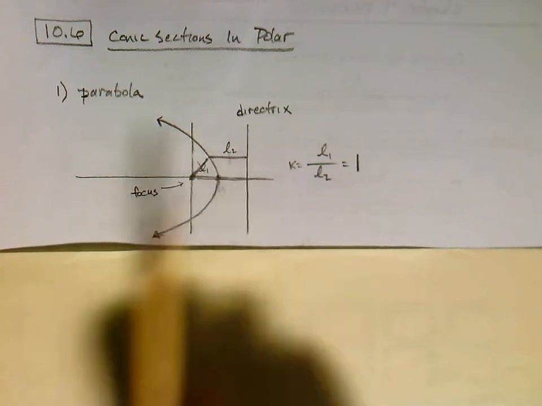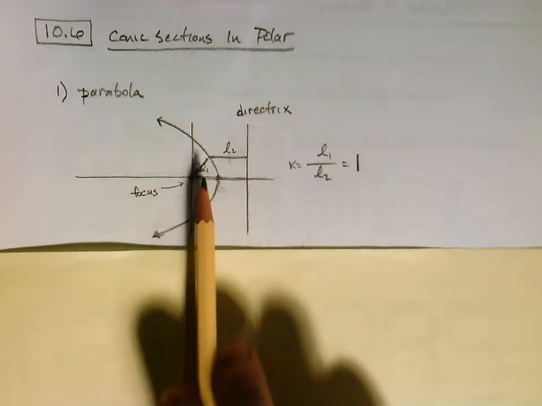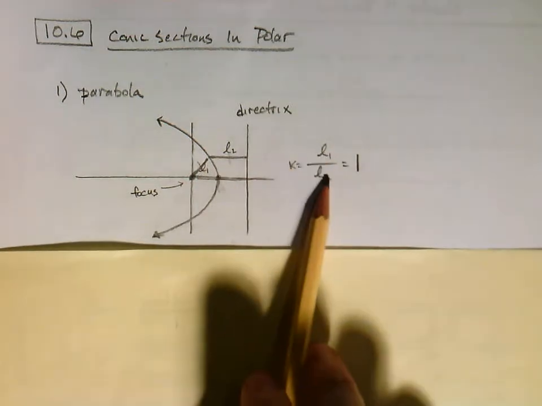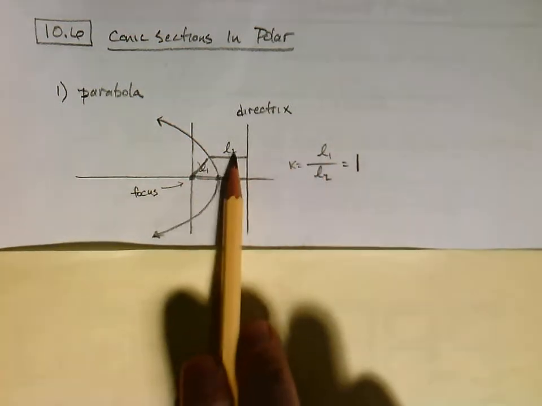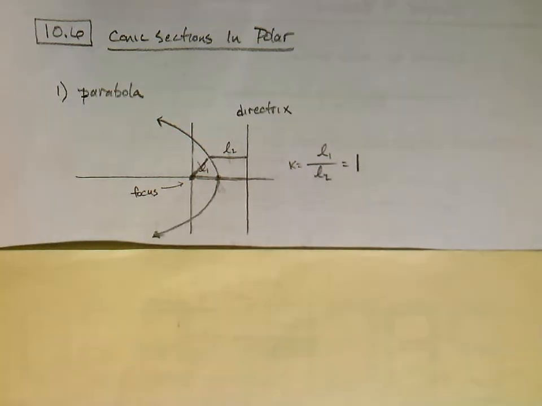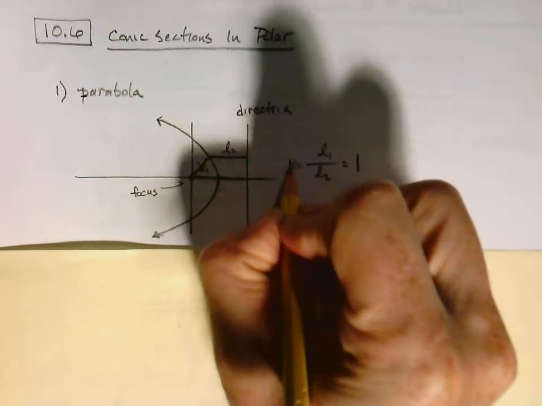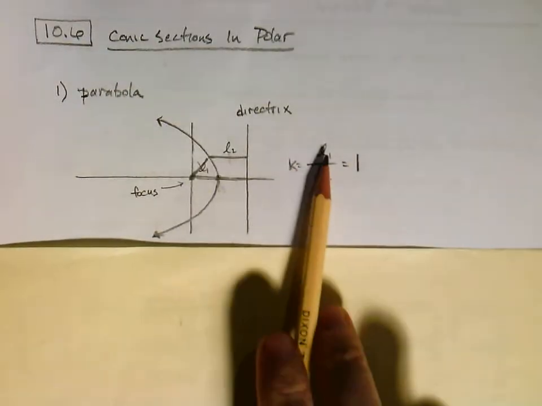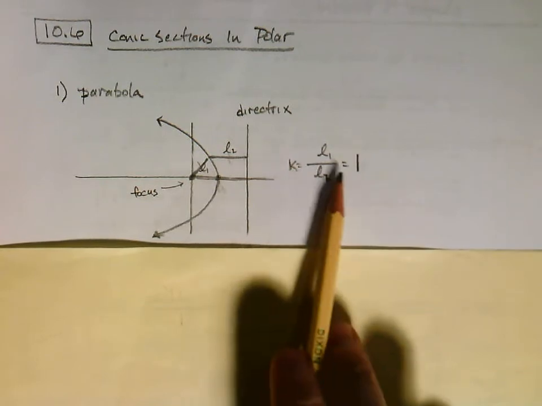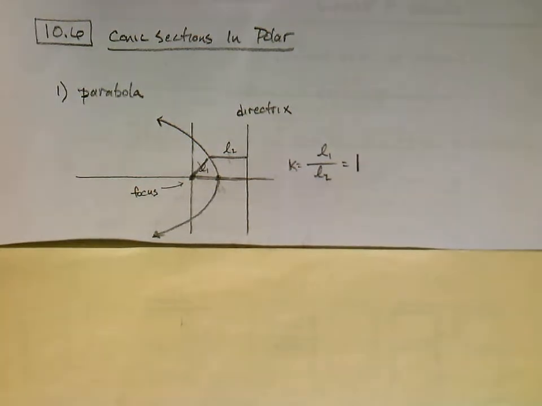Call this L2. So if we were to take the ratio of L1 to L2, that's the same number, right? So we would always get 1. I'm going to say K equals L1 over L2, and then K always simply equals 1 for the parabola.